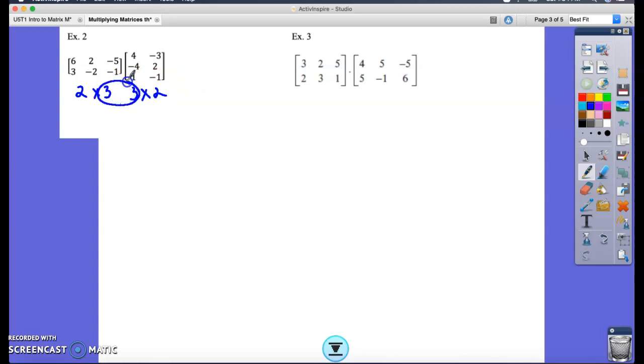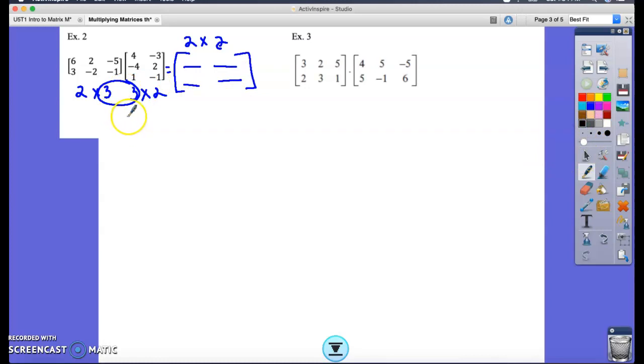Compatibility test passes. Ultimately, my answer is going to be a 2 by 2. That's just coincidence, since I'm not always a 2 by 2, just coincidence from the first one. So when I look at this, I'm going to have 2 rows and 2 columns. There'll be 4 entries.